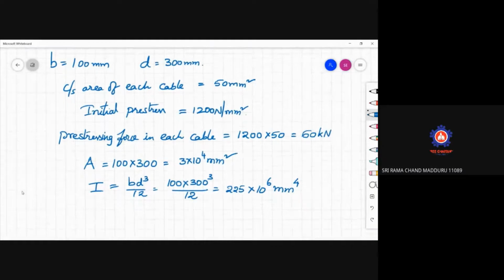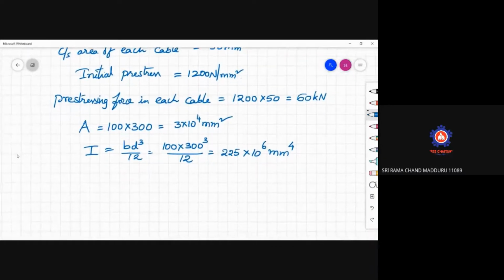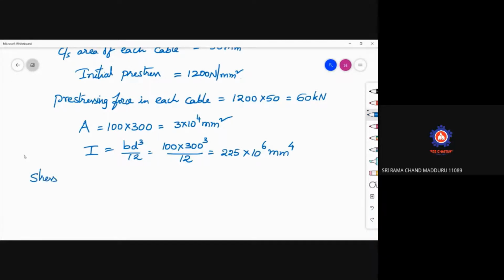Now after calculating this moment of inertia, we need to calculate the stress in concrete at the level of steel for each bar.